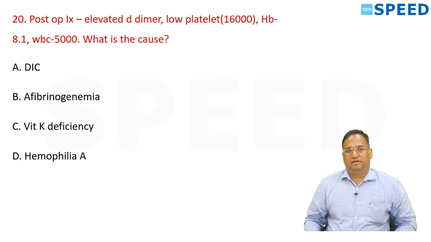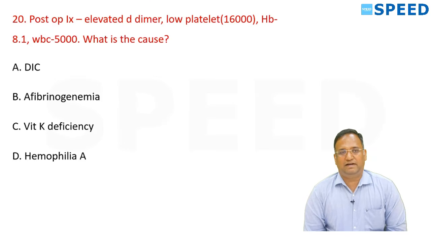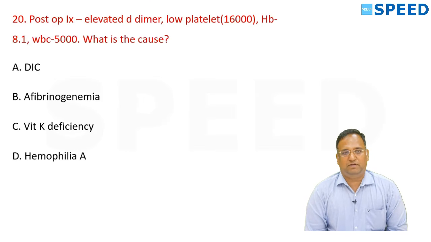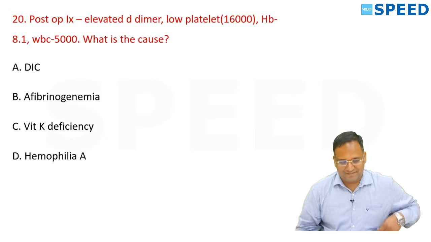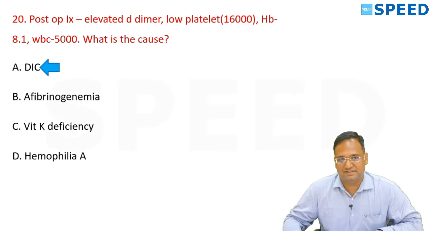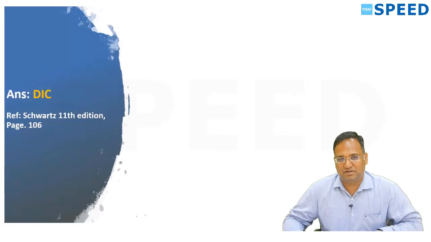In a post-op patient, elevated D-dimer, low platelets, hemoglobin 8.1, WBC 5000. This picture is typically of DIC, disseminated intravascular coagulation.